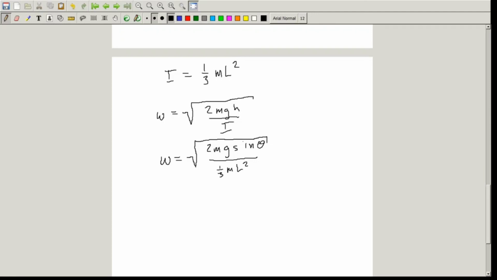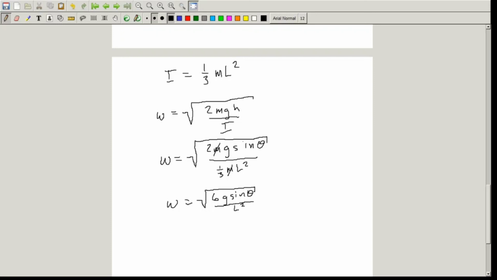And if you notice, the masses cancel out. So they didn't give us a mass for this problem, but they didn't need to. So we can clean this up a little bit with omega being the square root of 6g sine theta over L squared.